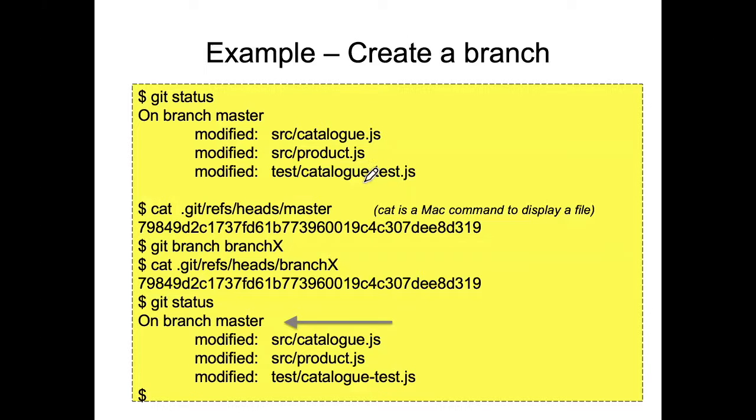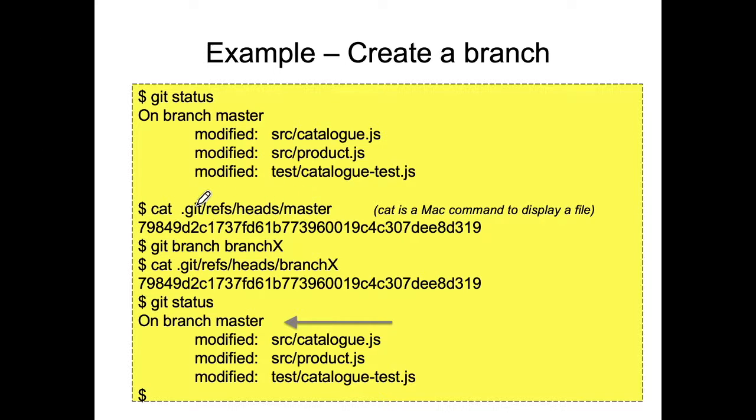Simple little example again. So I've typed git status. This is the response that I've gotten back. I've then typed this command. The cat command is just a command on Mac. I don't know if there's an equivalent on Windows, but use whatever the equivalent command is on Windows. All I'm doing here is displaying the contents of the file, and here I'm providing the actual path name of the file.